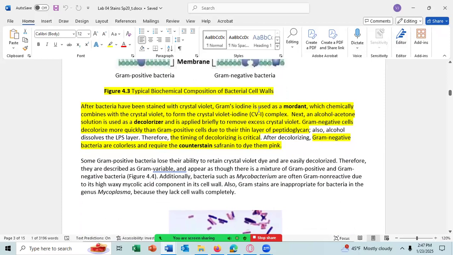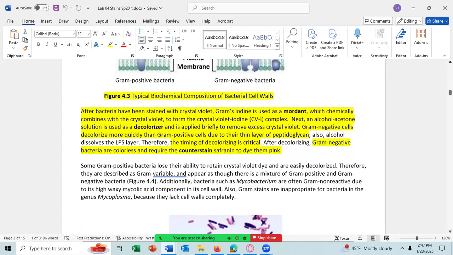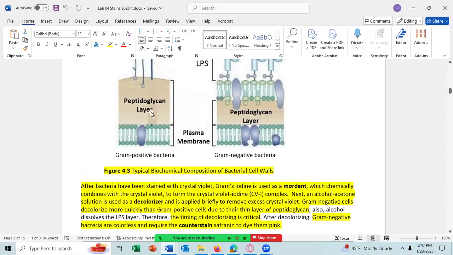This complex is larger than iodine alone or crystal violet alone, and so the complex is more likely to get stuck in the thick peptidoglycan layer, but will wash out of the thinner layer of the gram-negative cell wall.